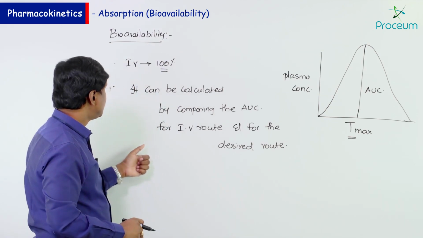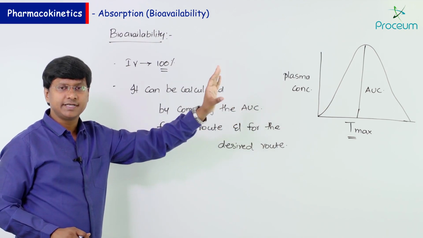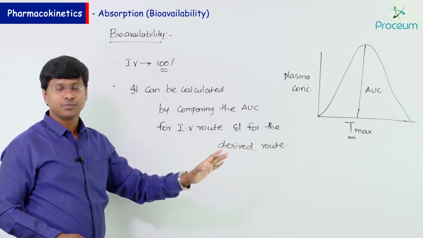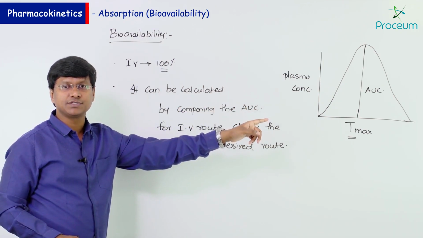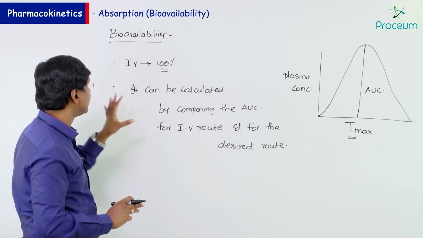Alright, next. So area under the curve is just a comparison of the bioavailability of the drug when given via the intravenous route compared with the other routes. Alright, next.